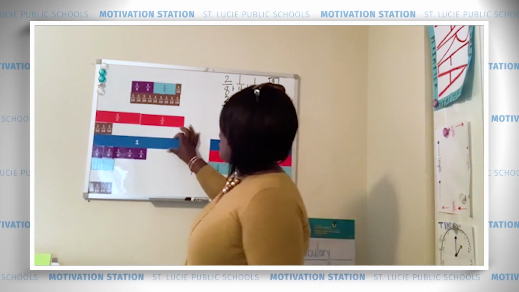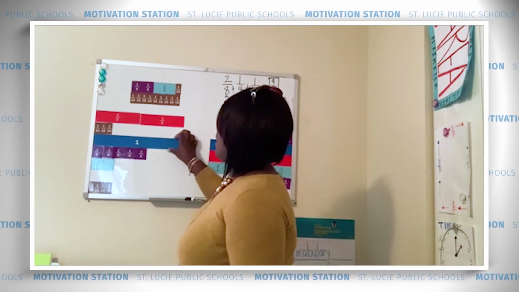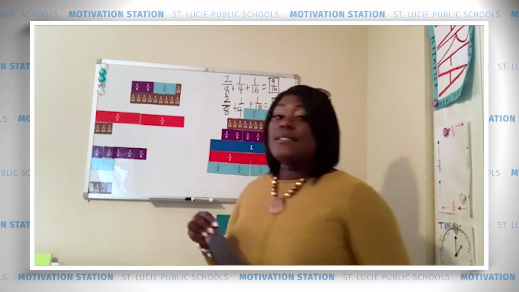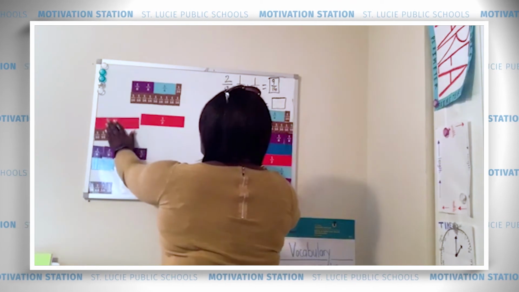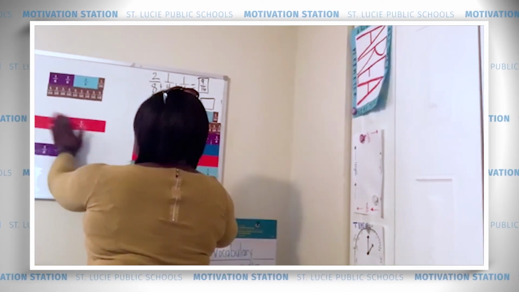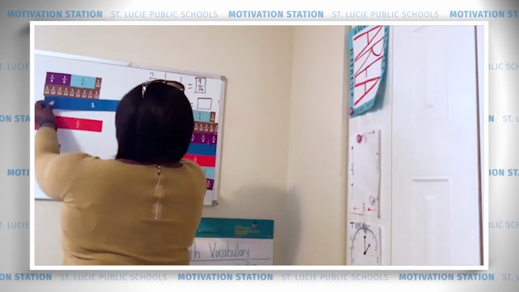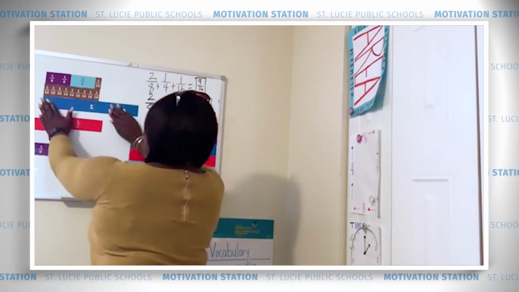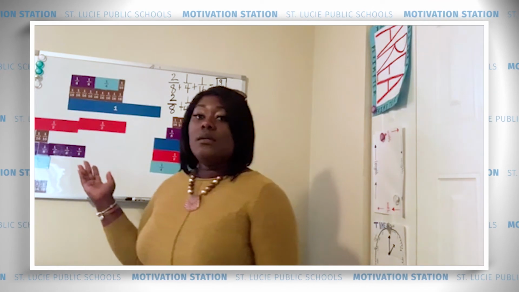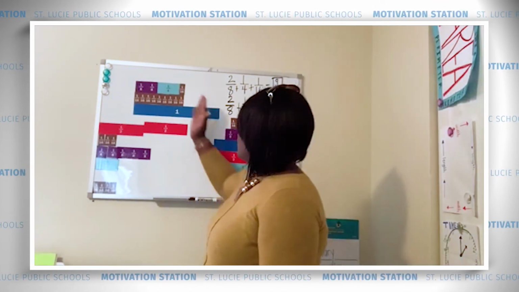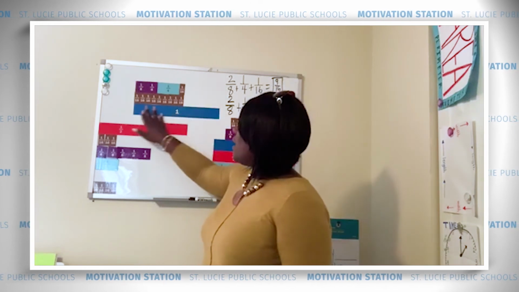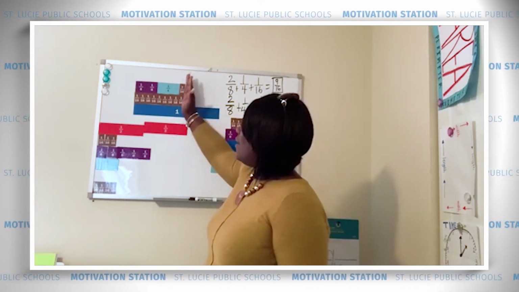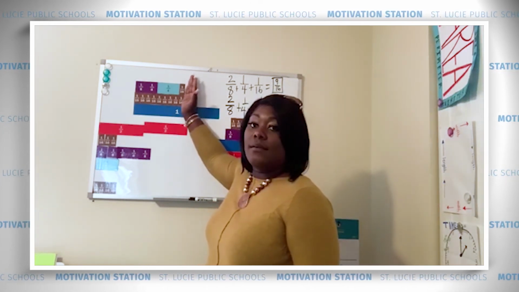Let's see if we can write this as a mixed number. So when I place the whole under the two fraction trains, did it match up to the length of the fraction train?